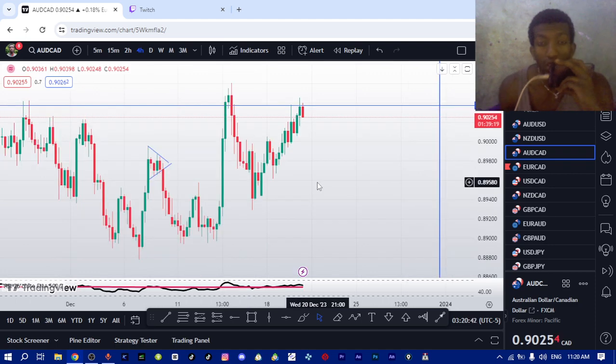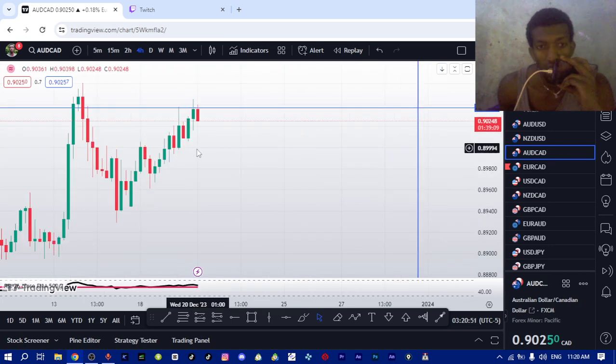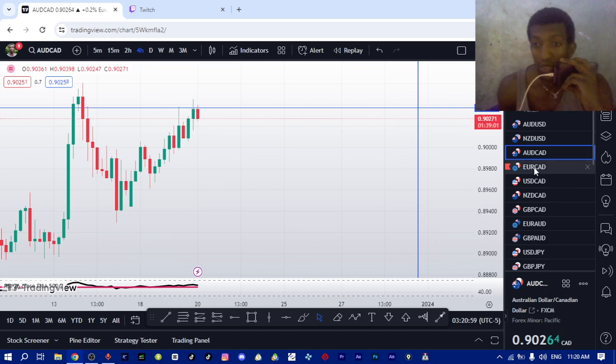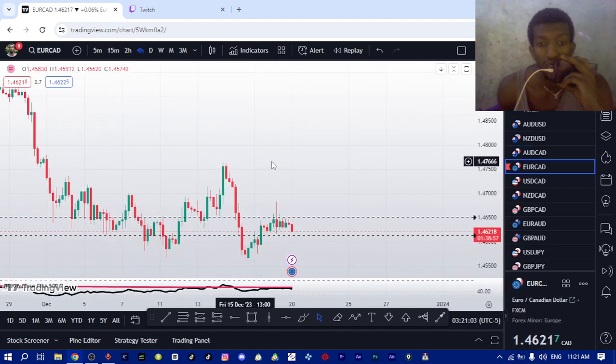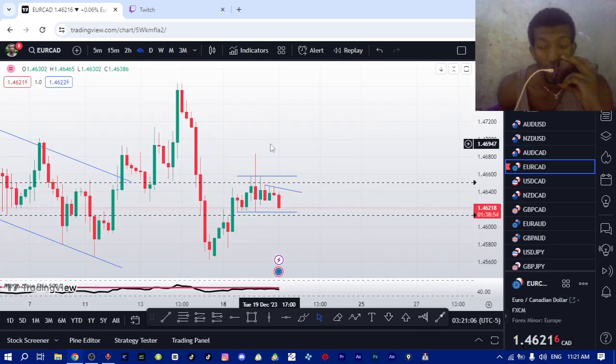So we have only one pair that is pushing up, that is New Zealand dollar versus Canadian dollar, Kiwi, and most of them are falling. Most of the currency pairs which are paired with CAD, Canadian dollar, are falling, which means we are expecting Euro CAD to fall.